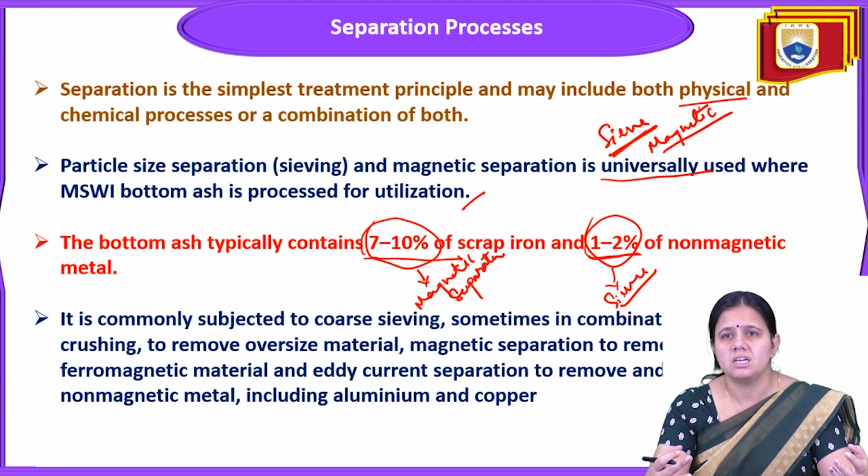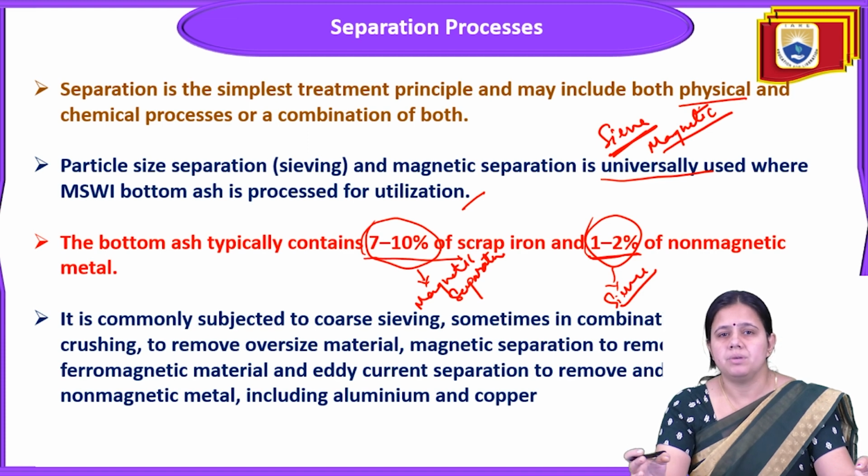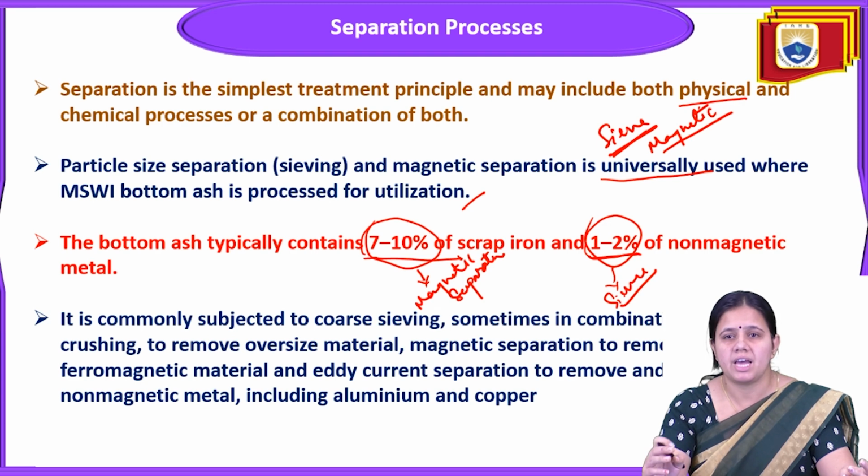So in the separation process, the methods are: first the sieve method, second the magnetic separation method, and for non-magnetic material, eddy current, which is helpful for the separation of aluminum and copper from the bottom ash.